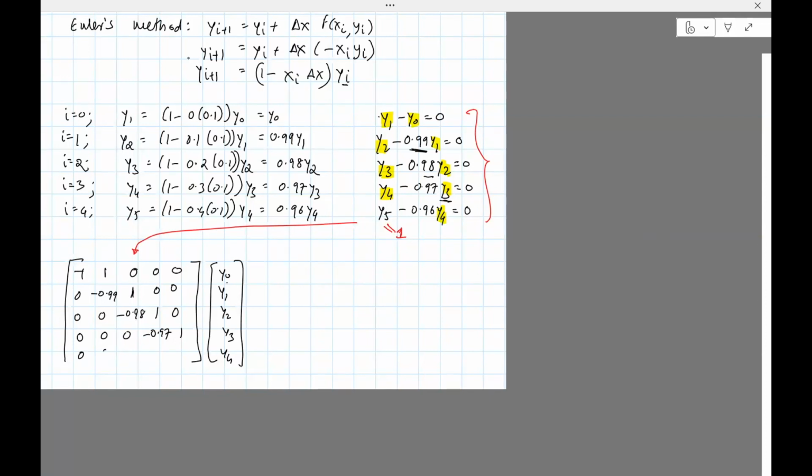And then we have 0, 0, 0, 0, and a minus 0.96 for y4.